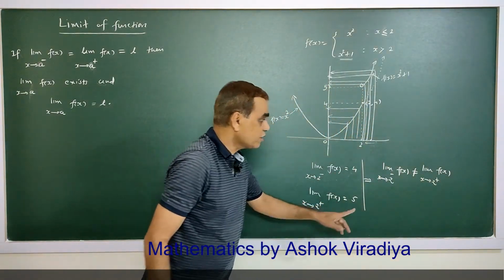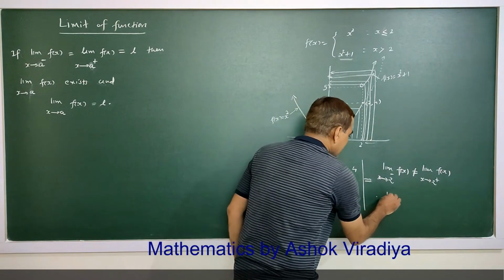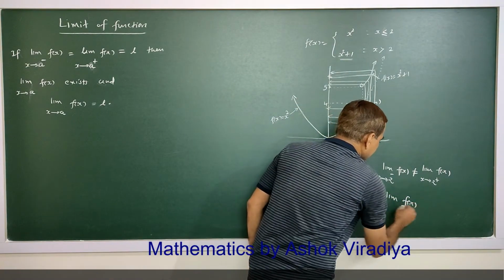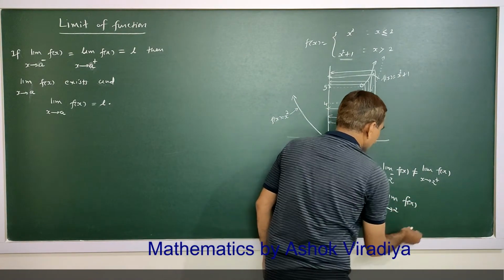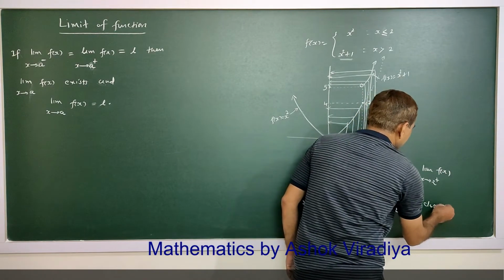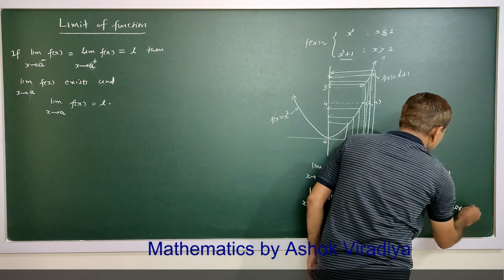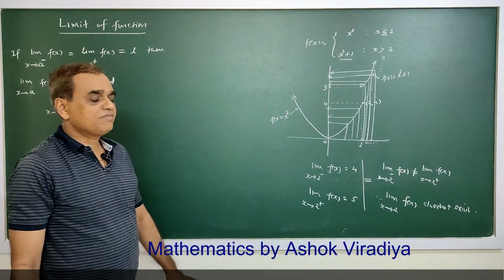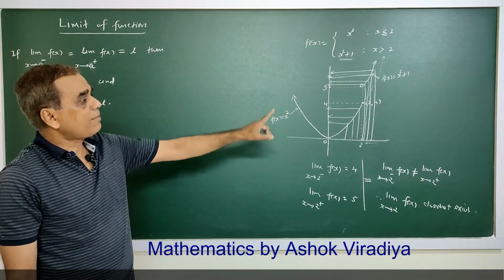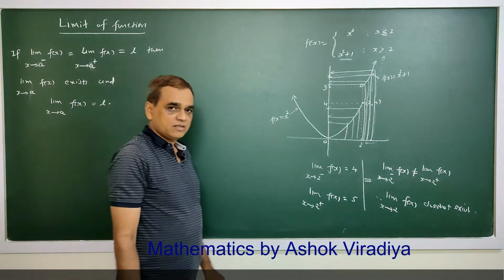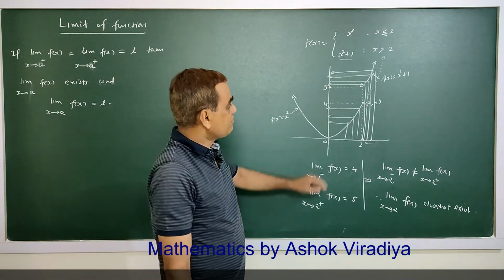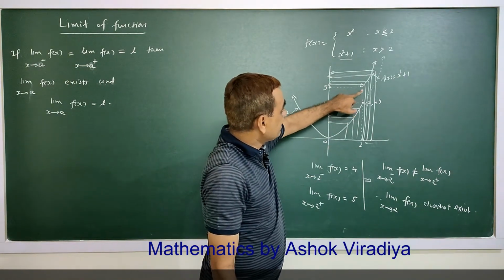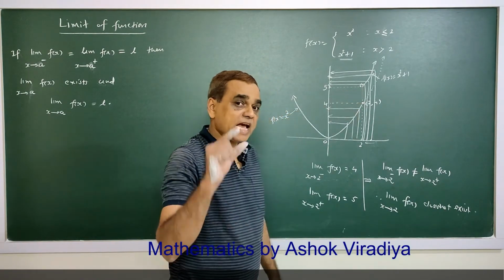These are not equal, therefore the limit of f(x) as x tends to 2 does not exist. So if the limit does not exist, this will happen: maybe there is a gap in the curve.